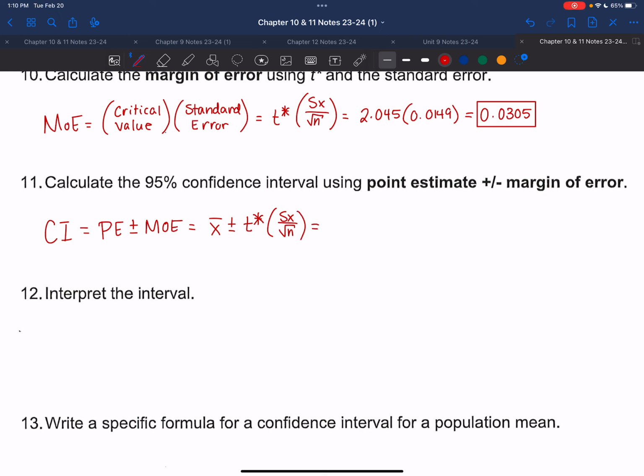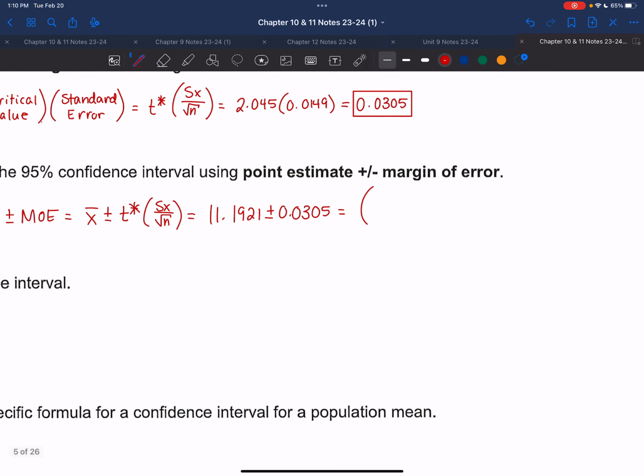So we have 11.1921 plus or minus 0.0305, for a confidence interval from 11.1616 up to 11.2226.